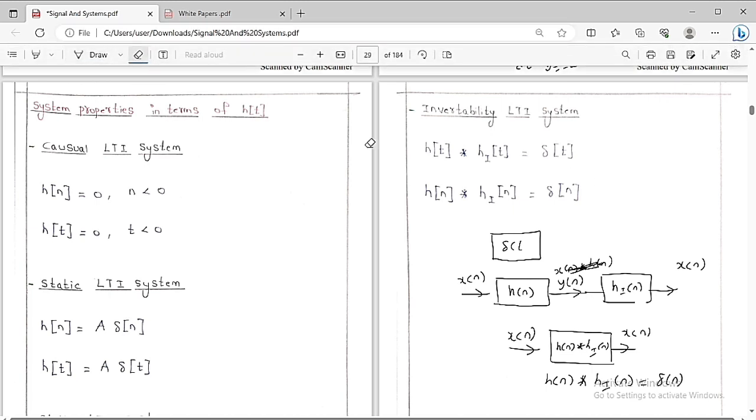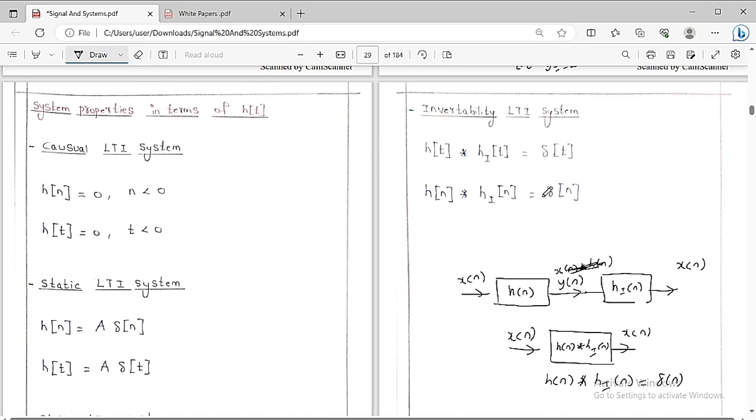So the convolution of h of t and hi of t should be equal to delta of t, or the convolution of h of n and hi of n should be equal to delta of n. Then only can we say it is an invertible LTI system.